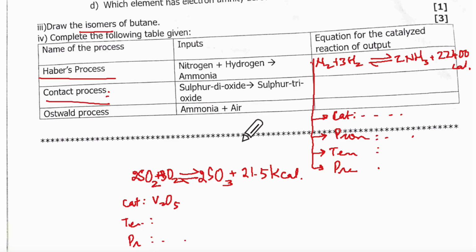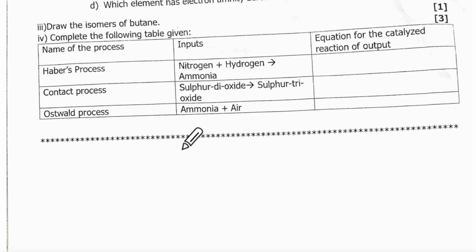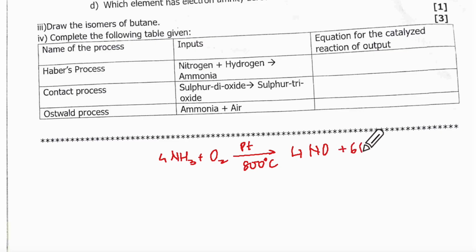Okay. Then we come to Ostwald's process, ammonia and air. Catalytic oxidation of ammonia giving NO plus H2O, at 800 degrees Celsius, plus heat. It's 21.5 and this was 45.5. Here you told me 21.5. Sorry, 45.5.